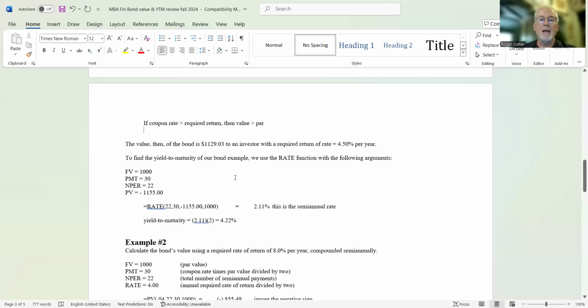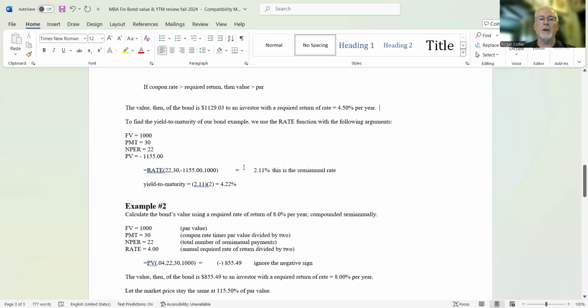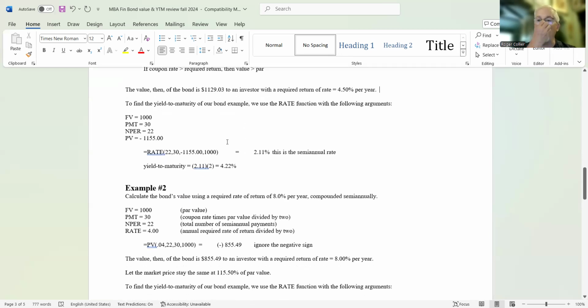Okay, now let's take the next step and calculate the bond's yield to maturity or expected return that we can compare to the required return. Okay, now yield to maturity or expected return is a percentage, so we're going to use the rate function. And you see it there, equals rate.